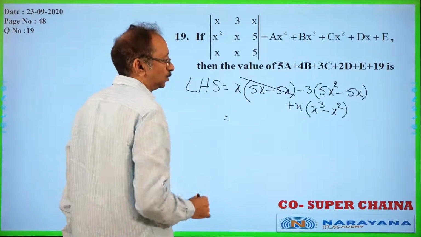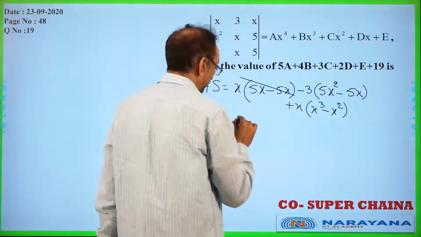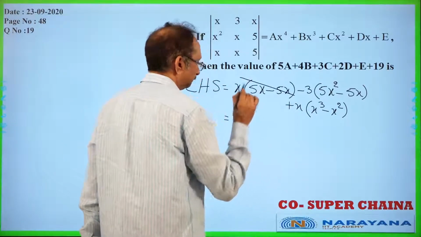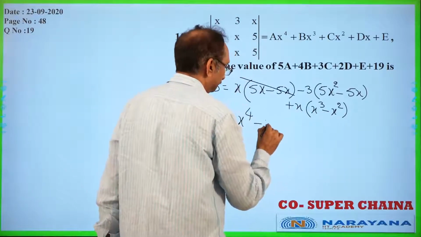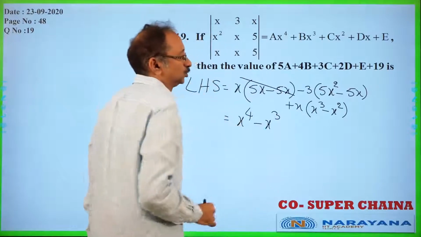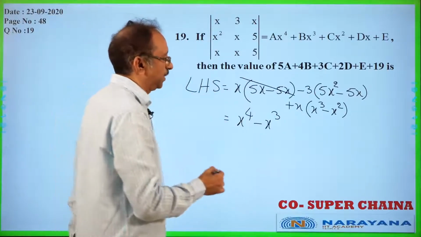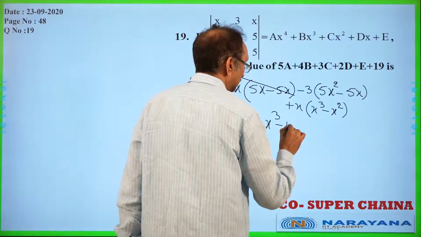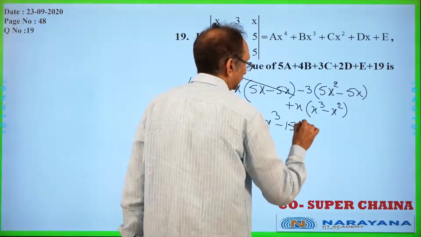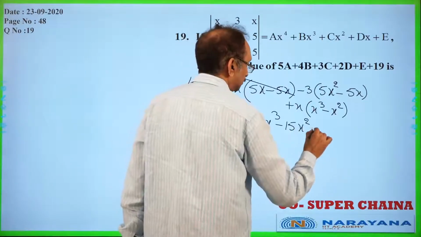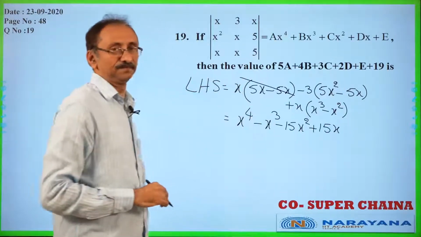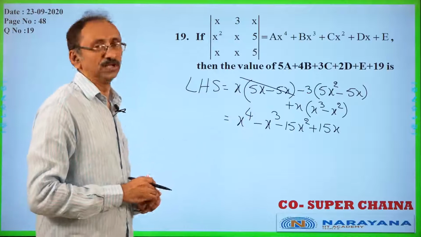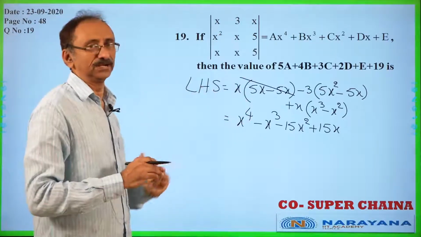So, this is equal to, what is the highest power term? X power 4, and this one is x cube term, minus x cube. And what next? X square term. This is minus 15x square. And minus into minus, plus 15x. So there is no constant term. So this is the polynomial we got after expanding that determinant.